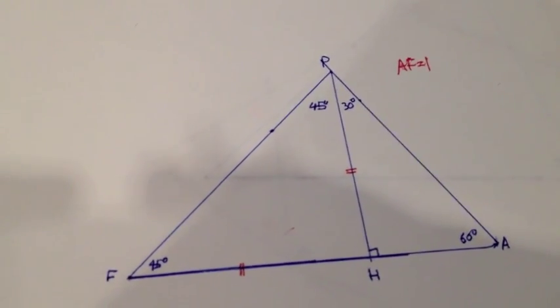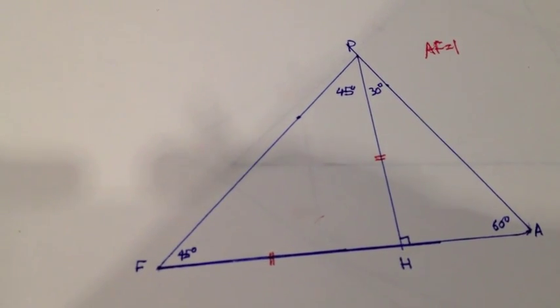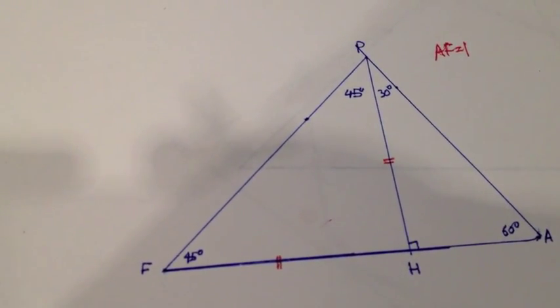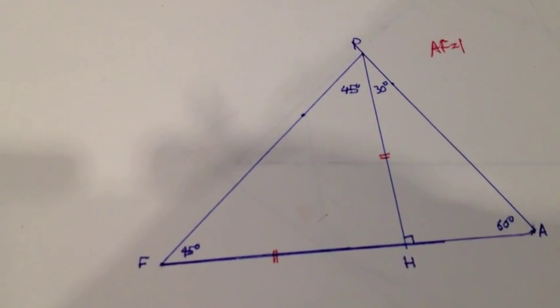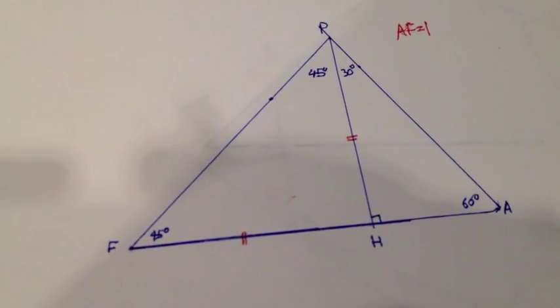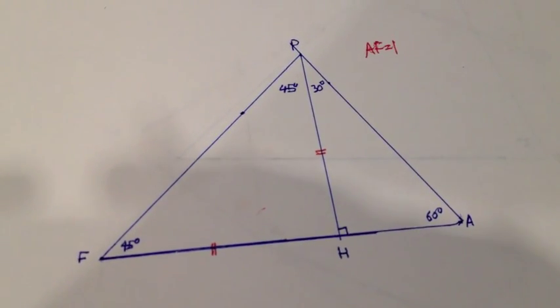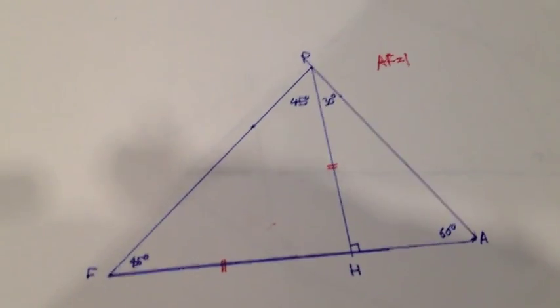But okay, so we know that in a 45, 45, 90 triangle, the two legs are equal, because it's isosceles, of course. So PH is equal to HF, right? And we also have our 30, 60, 90 triangle, but we'll get to that.